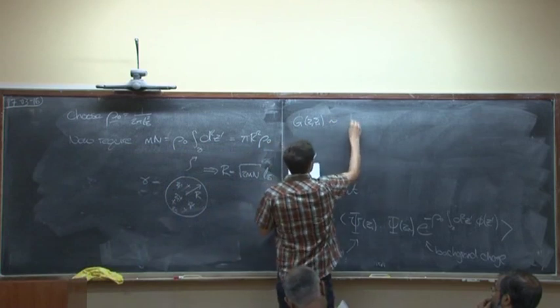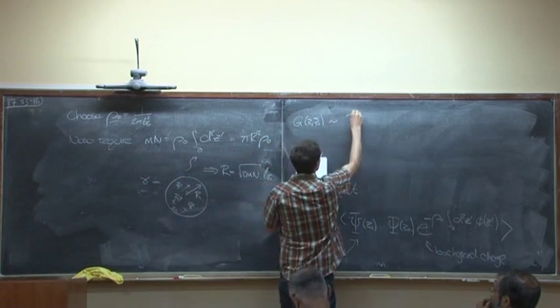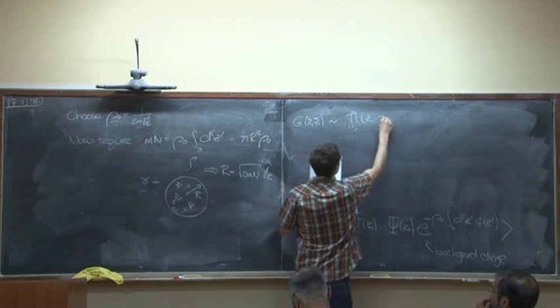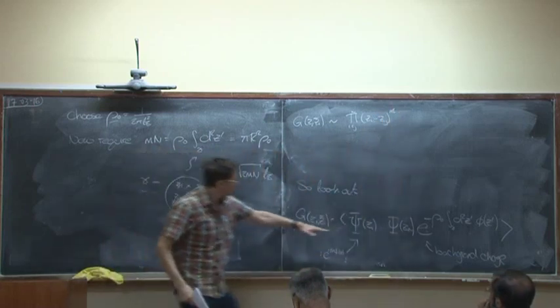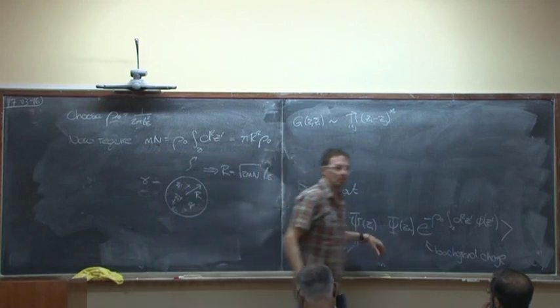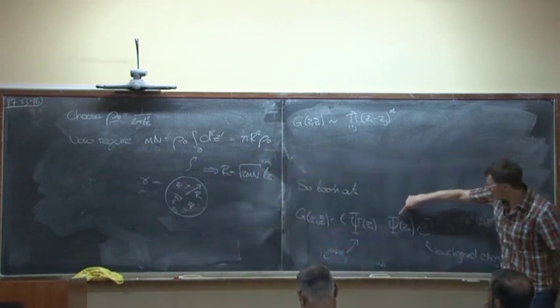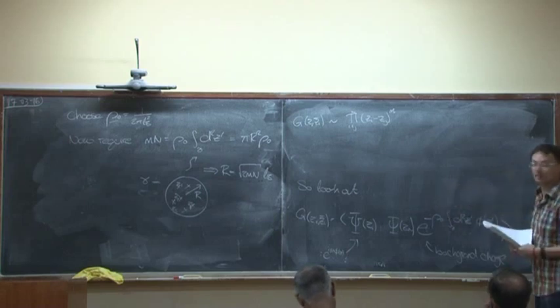So it's given by, well, there's the calculation we did before, Zi minus Zj to the power n. That comes from all of these guys. But then there's an extra contribution when you contract this with this.